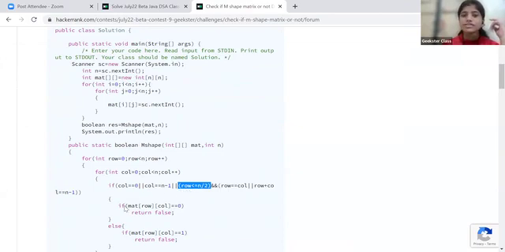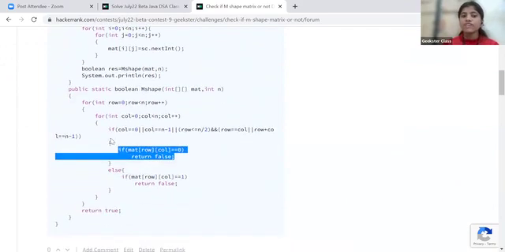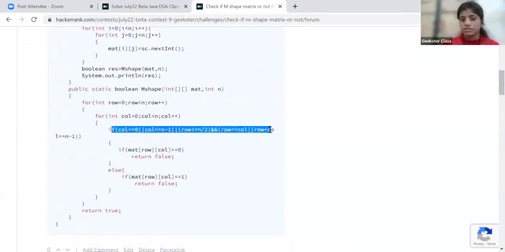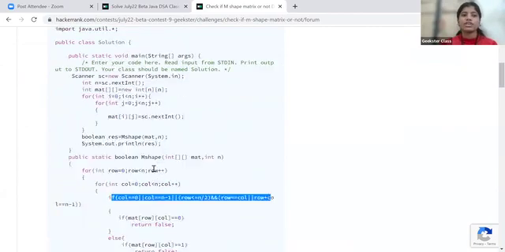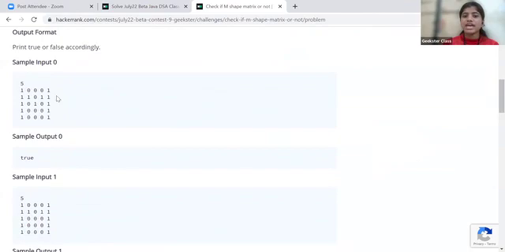And then what we are doing is, if our condition is violated, that is, if matrix of row column value in the M shape is a 0, then straight away return false from there. If we are in a position that is not lying in M's range, in that case, how will I face a violation? If anywhere in the rest of the places I'm able to find 1, that is a violation.